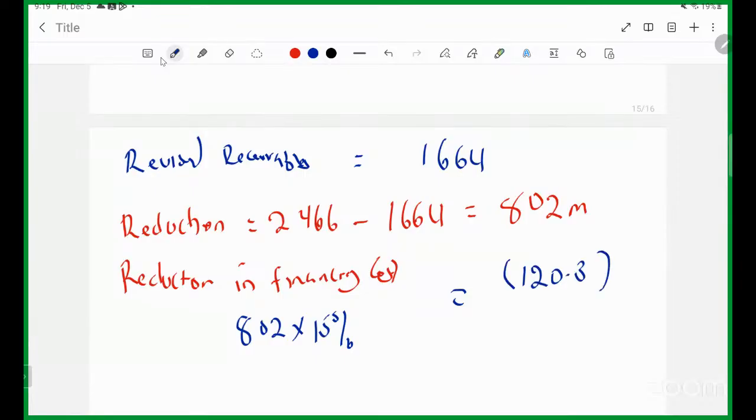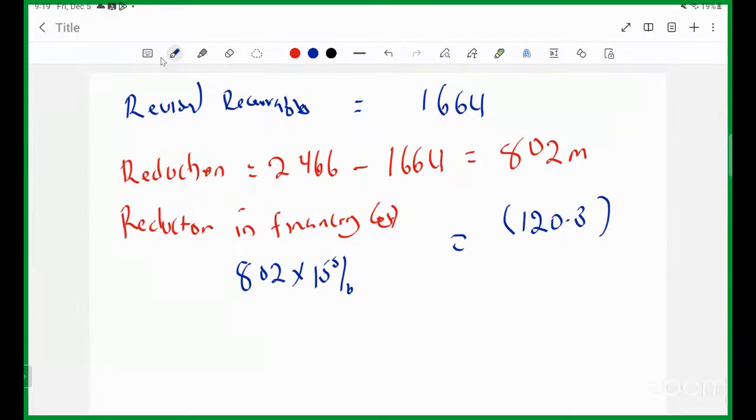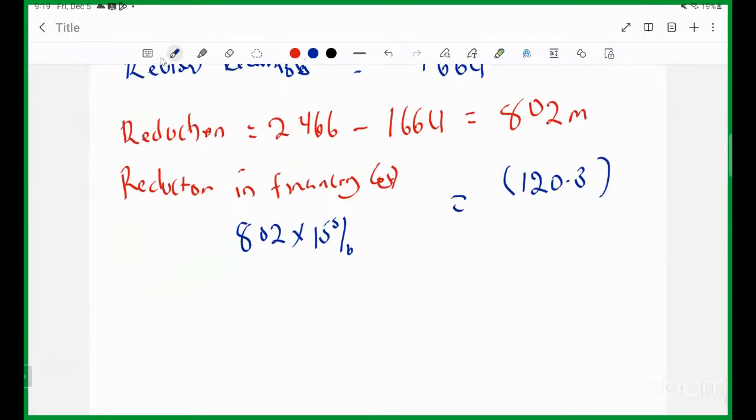It's a reduction. Remember the question wanted us to get the net benefit. We would have got a benefit of 802, but we financed this thing by an overdraft. So we remove it, and then we have a discount as well. So you go and get the cost of a discount.